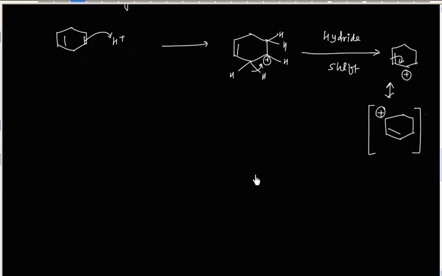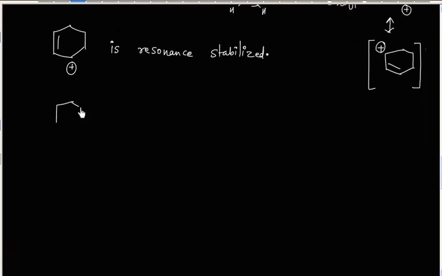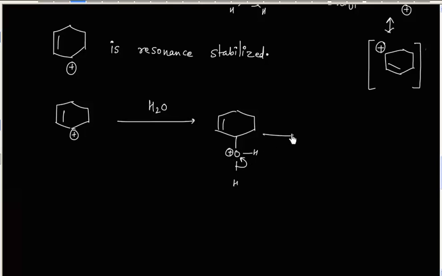So in the next step, a water molecule will attack, and we can lose H plus to get the final product, an alcohol.